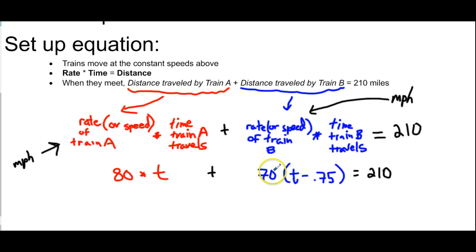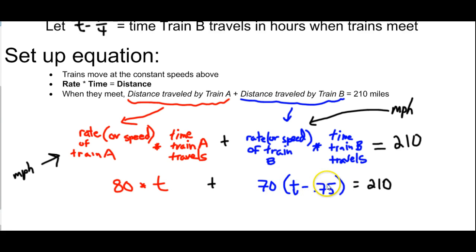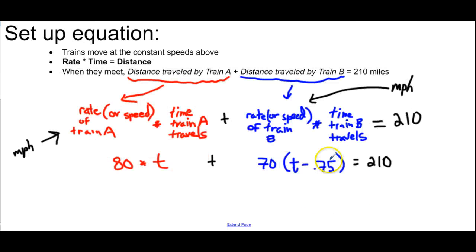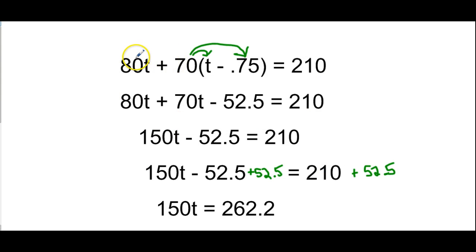So we need to say 70 times quantity t minus 0.75. I just changed that 3/4 to 0.75. That sum has to equal 210. So here it is again, 80 times t, I wrote them together, 80t plus 70 times quantity t minus 0.75 equals 210. Now how do you solve this?